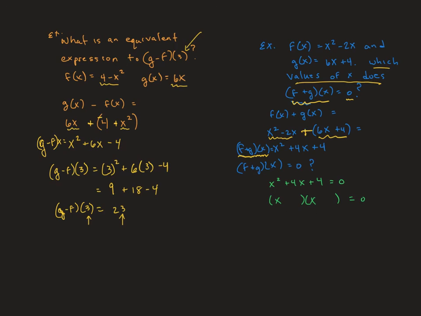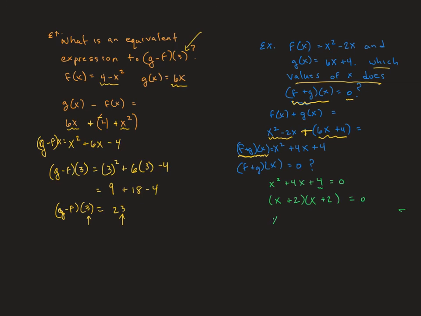I'm reversing the multiplication process. And then for 4, what are the factors of 4 that add up to be 4, which turns out to be plus 2 plus 2. So now I've simplified that. I've factored it to where I have the same values of x.